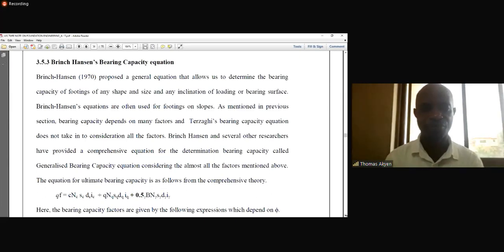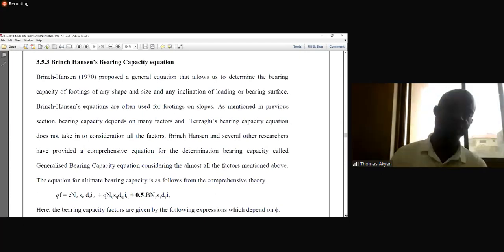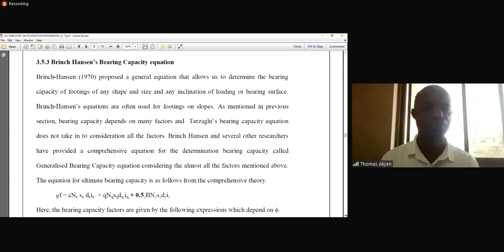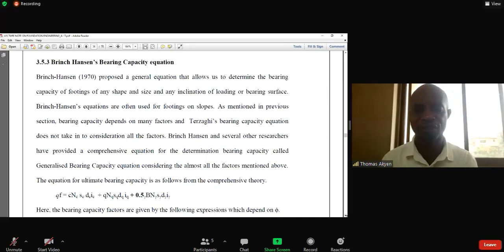As mentioned in the previous section, bearing capacity depends on many factors. Terzaghi's bearing capacity equation does not take into consideration all the factors. Brinch Hansen and several other researchers have provided a comprehensive equation for the determination of bearing capacity, called the generalized bearing capacity equation, considering almost all the factors mentioned above.